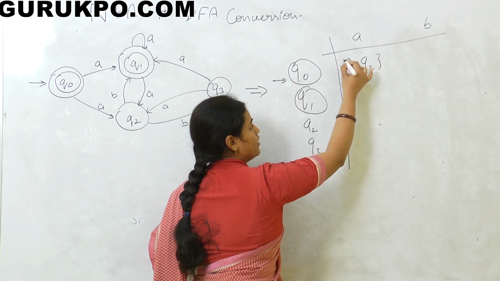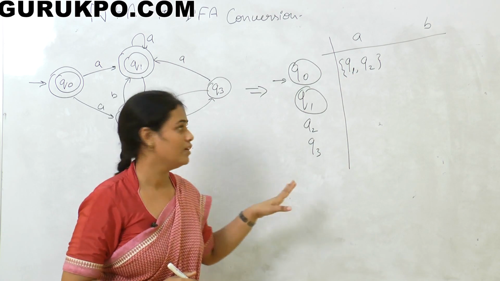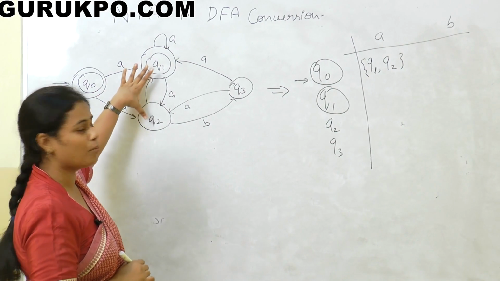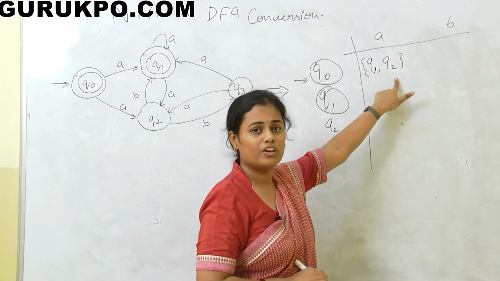You have to show all the productions in tabular form. That is why I have mentioned Q1, Q2.